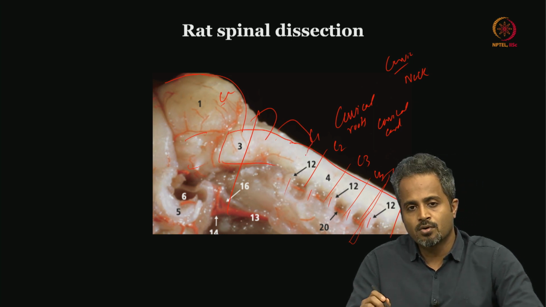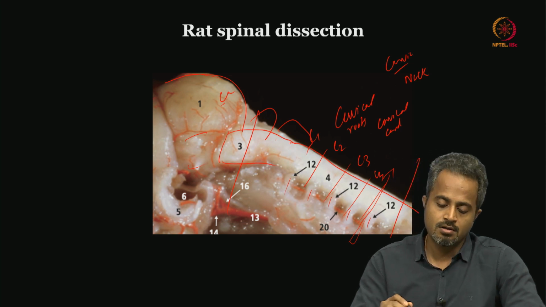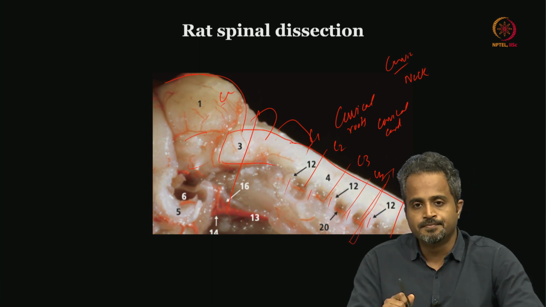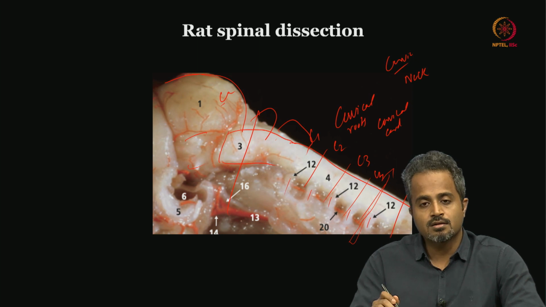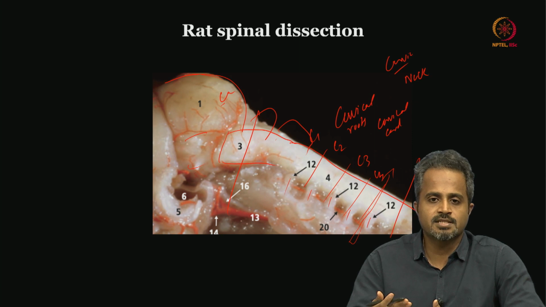So it is very important to understand the orientation of the cervical spinal cord along with the posterior fossa structure, or for that matter the cerebellum. You need to understand what length of incision needs to be made, because it will be tailor made for your experiment.